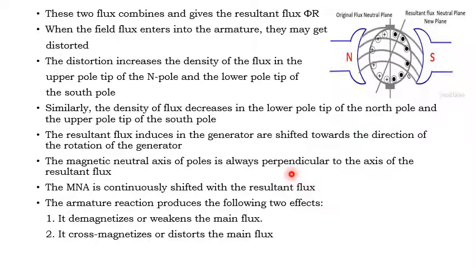According to this, there are two effects produced by the armature reaction. The first effect is that it demagnetizes or weakens the main flux. The second is that it cross magnetizes or distorts the main flux.